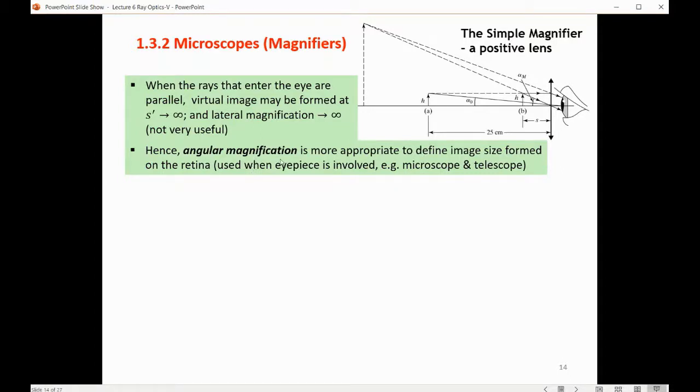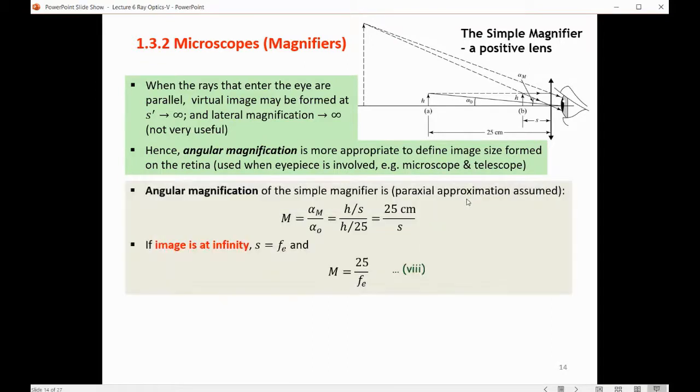Angular magnification is usually used when eyepieces are involved, especially in microscopes and telescopes. The angular magnification of this simple magnifier can be given by the angle alpha m divided by alpha 0. Here we have assumed the paraxial approximation.